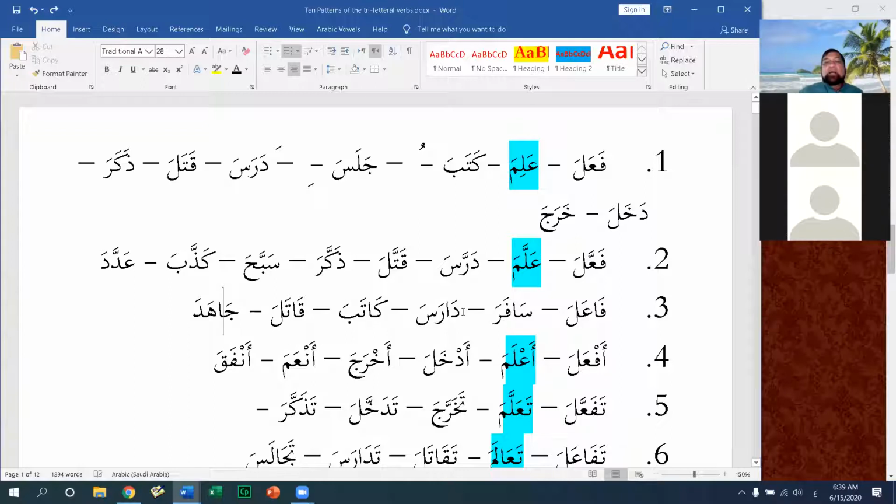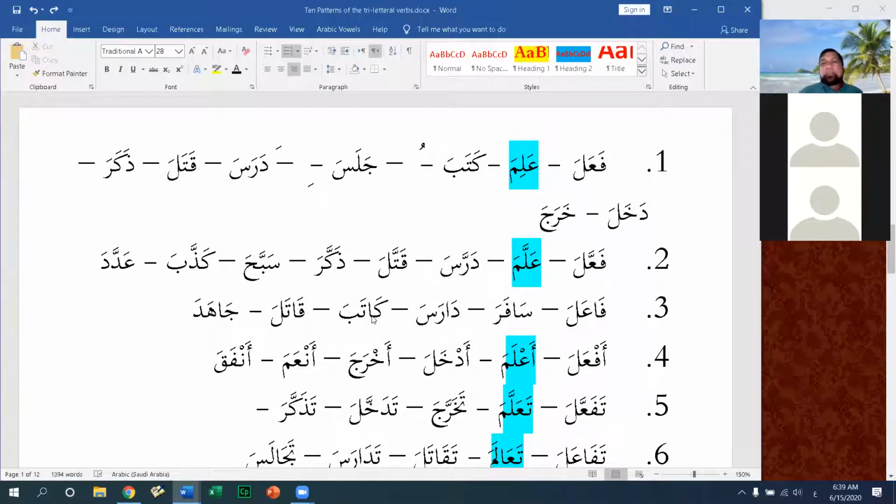The same for darasa: mudarisun, mudarasun, mudarasatun, and dirasun. Kataba: mukatibun, mukatabun, mukatabatun, and kitabun. By the way, the word kitab that means book is different from the word kitab that is the masdar from kataba.